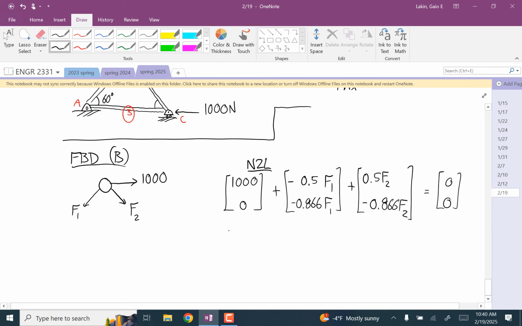So we have two equations. The first one says negative 0.5 F1 plus 0.5 F2 is equal to negative 1,000.